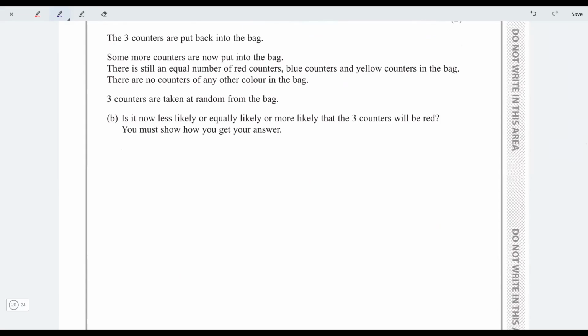So 3 counters are put back into the bag, and you've got some more counters that are now being put in, but there's still an equal number of red, blue, and yellow counters. So we've got 12 counters at the start. After 3 more, so there's 3 more counters.